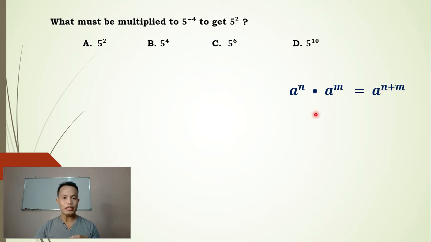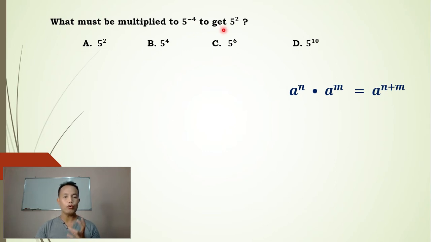That means this law states that if we are going to multiply exponential expressions having the same base, we simply copy the base, in this case the base a, and add the exponents, n plus m. So that is a raised to n plus m. We need to remember this rule in solving this problem.